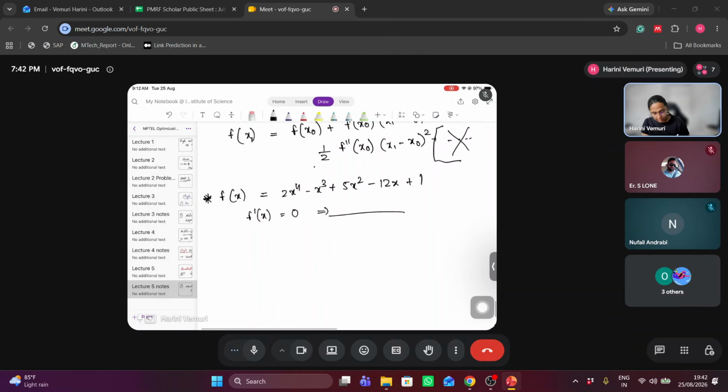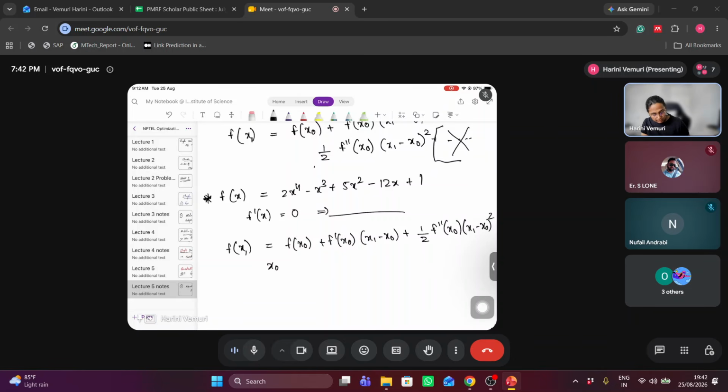But if we try to use the quadratic approximation method, then what we can do is f of x naught plus f dash of x naught into x1 minus x naught plus 1 by 2 f double dash of x naught into x1 minus x naught whole square.